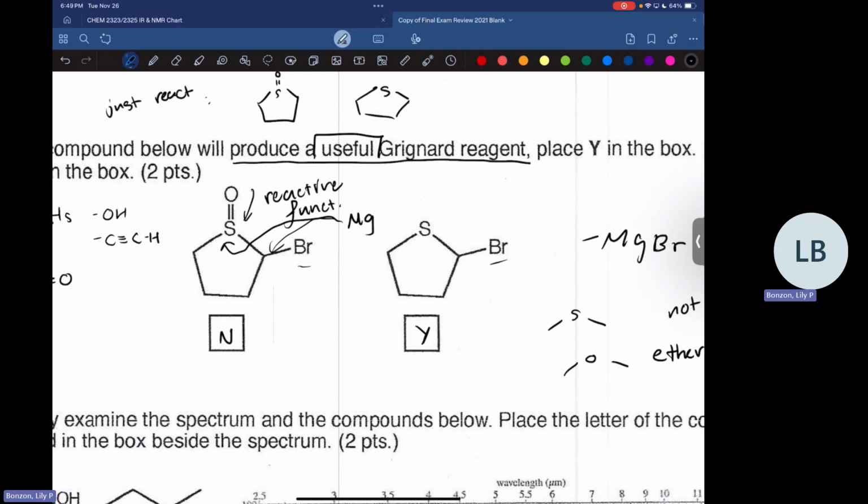So if we saw a question like this at the top, where it's the same thing just without the halide, then our answer would be flipped, because that S double bond O would be a reactive group, so it would react with the magnesium reagent.